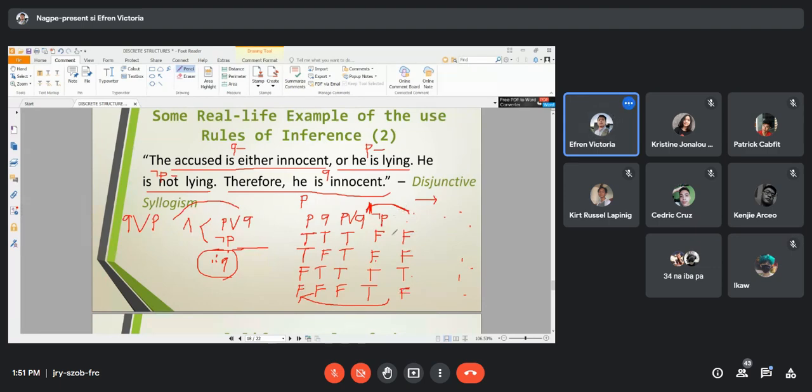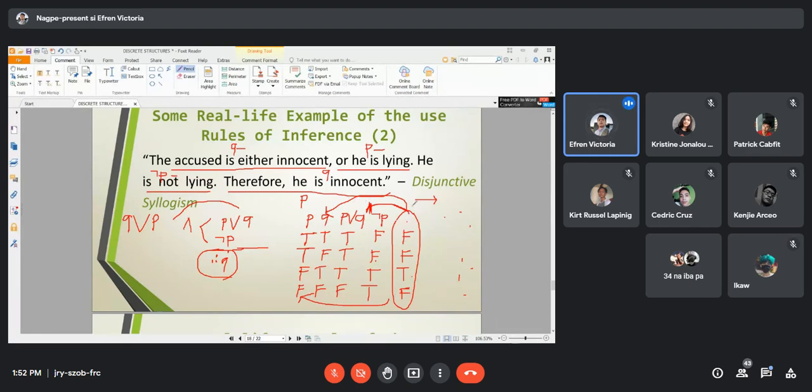So, ngayon, ito yung premises natin, yung conjunction nung all premises. So, nung dalawa natin, then gagamitan natin ngayon ng if then sa Q. Ito. So, ang sabi, dapat tautology siya.